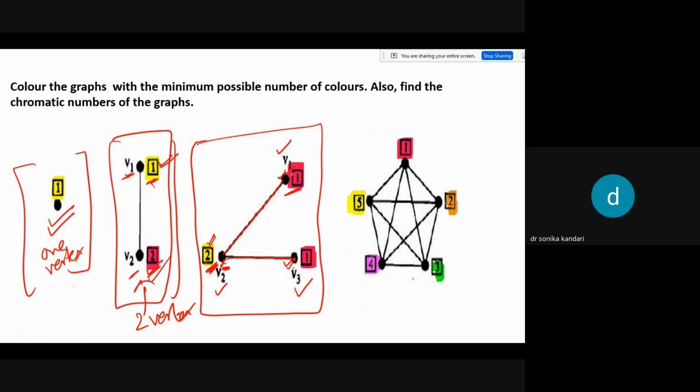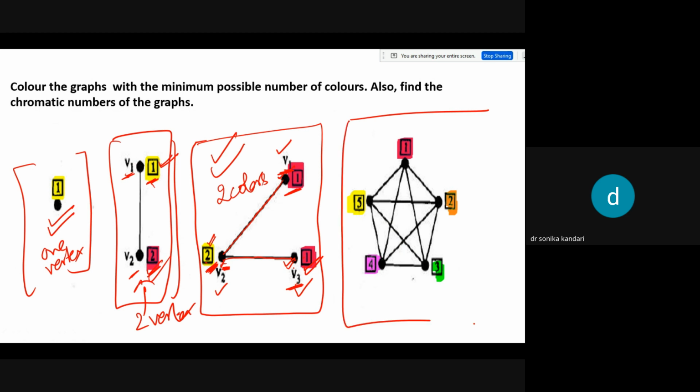But V1 and V3 are not adjacent, so they can have the same color. So we have used the same color for V3. Is it clear? So how many colors do we require for this graph? At least 2. Two colors. One is red and one is yellow.